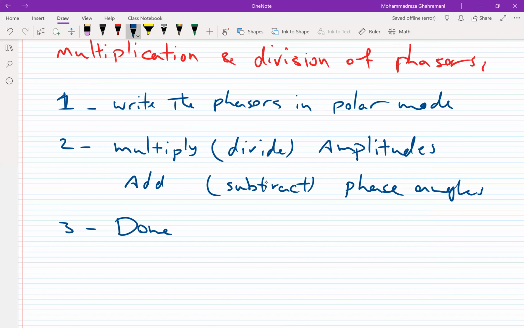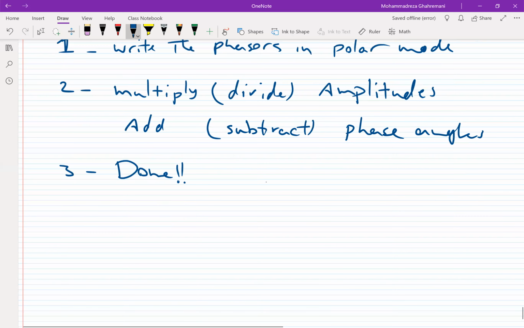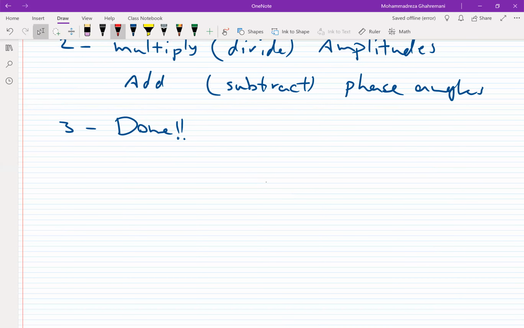And done. We need just to write the time domain form of the signal. Let's see one example.